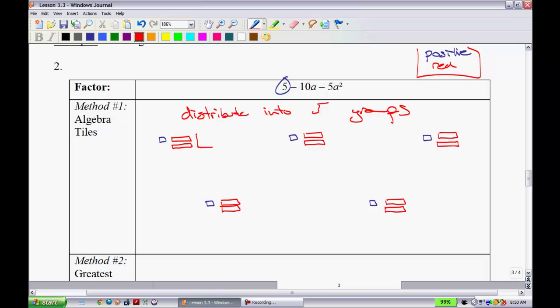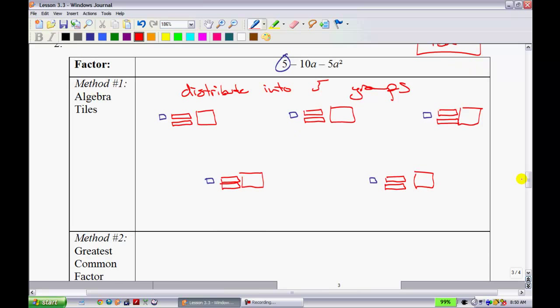So that means I'm going to have one of the big negative 5a squareds in each one of them. All right, like so. And so what we can see now is in each group we have a negative 1, we have a negative 2a, and we have a negative a squared.